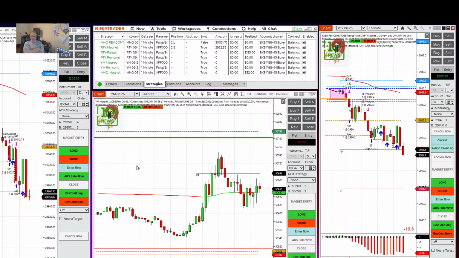This was a pretty big sell-off at the open. It gave up everything, everything. So I'm not going to jump into longs here. It feels too heavy. But we could watch for a couple of minutes.